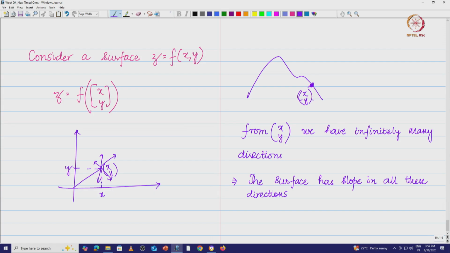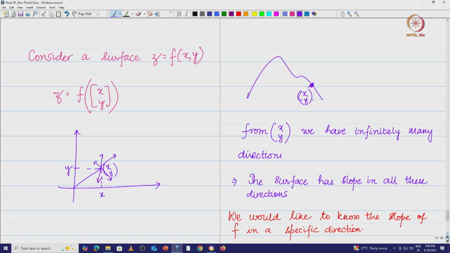What we want to do is to know the slope in a specific direction, the slope of f in a specific direction. Okay, we want to look at the slope of the function, or the slope of f, in a specific direction.